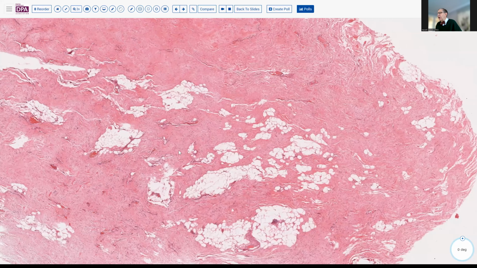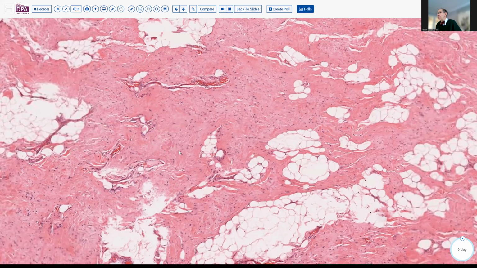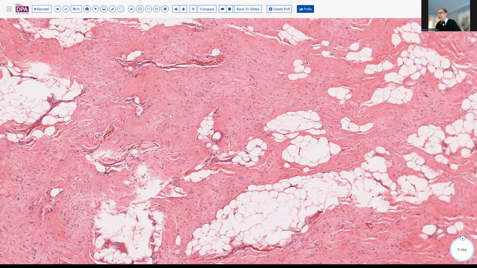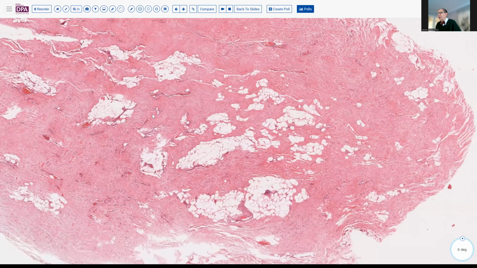If you're in doubt, if you have difficulty seeing these elastic fibers on your stain, or you're wondering if these are elastic fibers, then certainly doing an elastic tissue stain will be illustrative, but not required for diagnosis if you have this kind of an appearance.